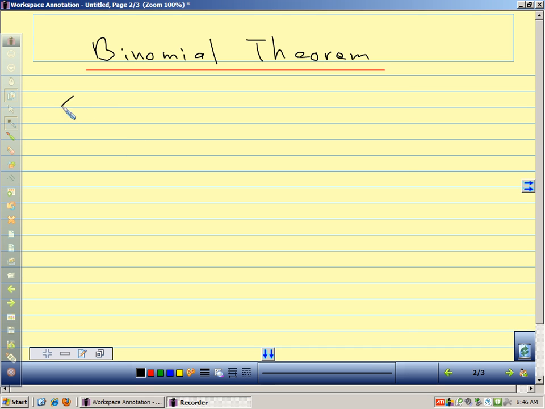The binomial theorem says x plus y to the n power, for any power, is the sum. So this is relating it back to what we've been talking about. From r equals 0 to n. N is our exponent, and this is, we can say, nCr.